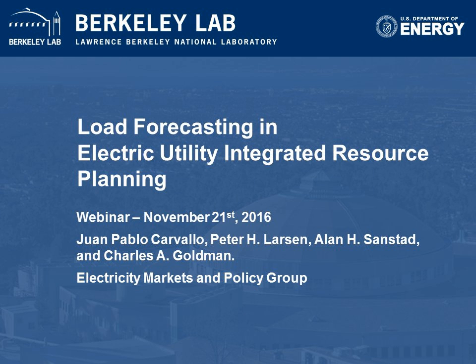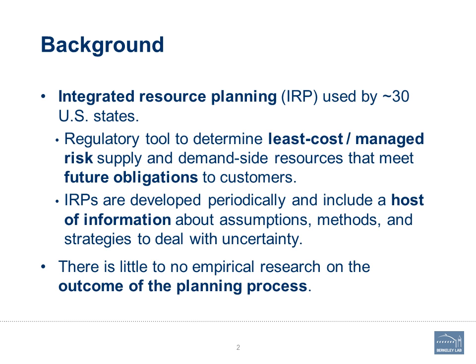We will be going through our summarized version of our report, Load Forecasting in Electric Utility Integrated Resource Planning. The background for the study is largely an examination of the Integrated Resource Planning tool, IRP, which is currently used by around 30 U.S. states.